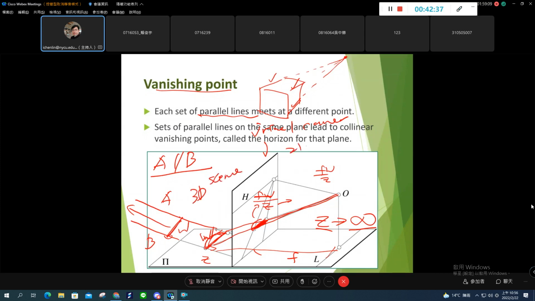However, in the 2D image, which is the projected thing, because z goes to infinity, the distance between the two lines becomes 0, right? So they converge to the same point, because there is no distance between these two points. This is a simple deduction about the vanishing point, but there are some more formal deductions.